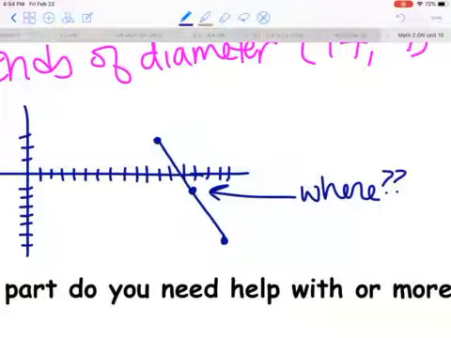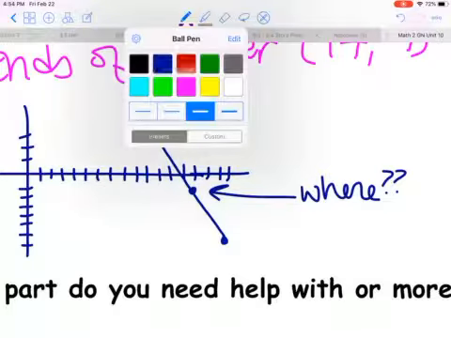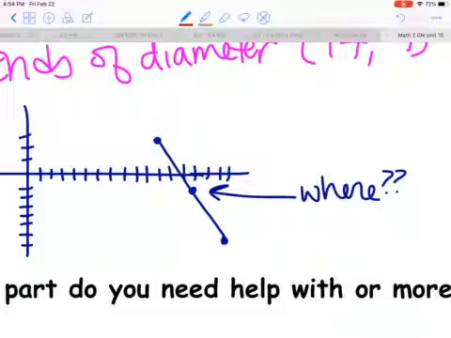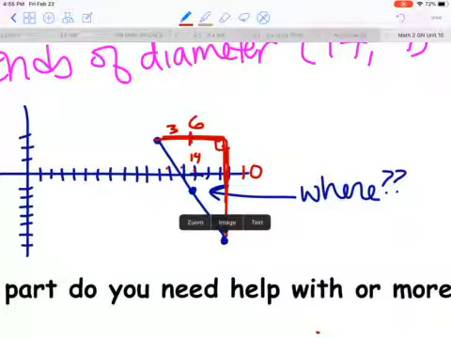And to do this, we just kind of halfway it. So to get from that point to that point, this went over 6 and down 10. So to go halfway is over 3. So 11, 12, 13, 14. And then to go down 10, but halfway would be 5.